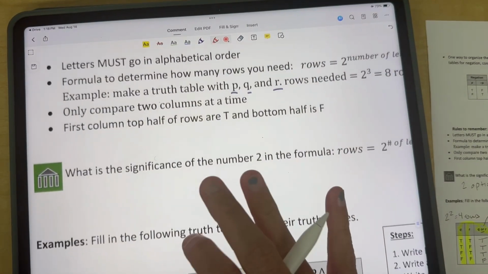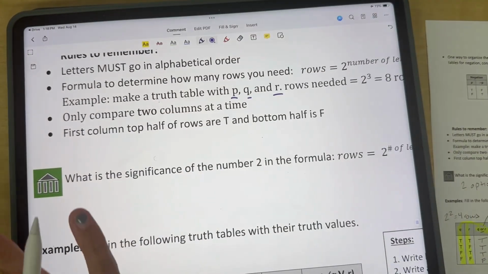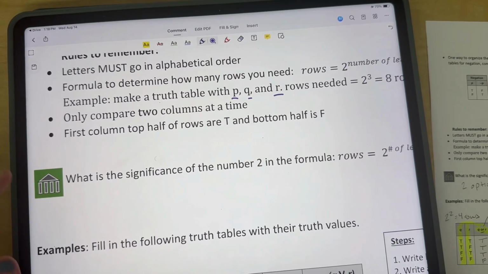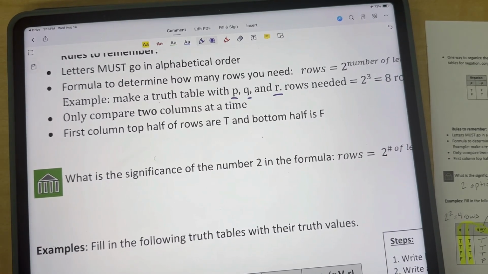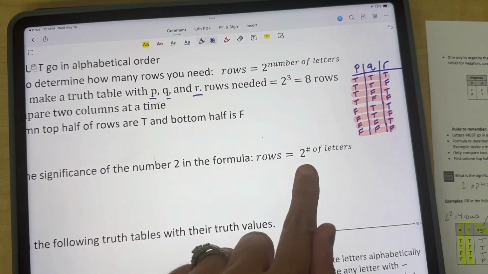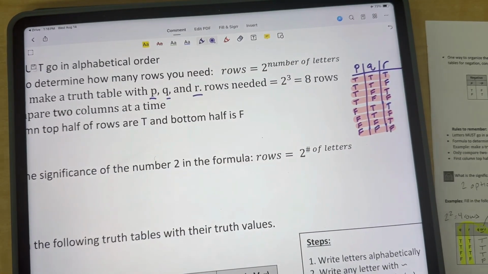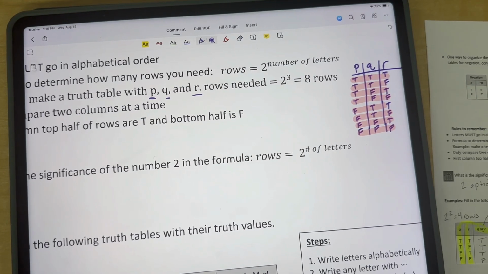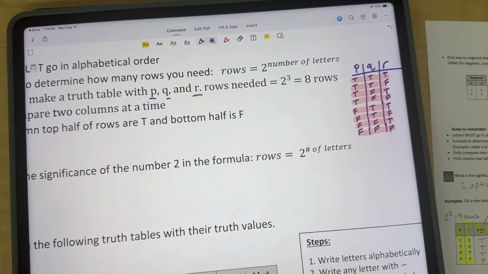This year we're supposed to incorporate these discussions. So our discussion for this part is, what's the big idea? Why is the number in the formula, the 2, here with the number of letters? Why is it 2? Why is it not 3 or 4 or 5, 6, 7, 8, 9, 10? Well, it's 2 because there are only 2 options. Your statement is either going to be true or it's going to be false.